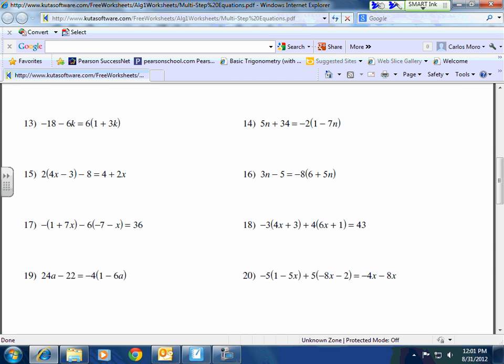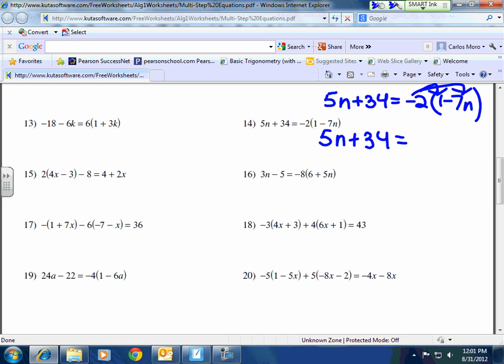Next, I've got now 5n plus 34 equals negative 2 times 1 minus 7n. First step, complete all distributive property. Okay, I got 5n plus 34 equals, distribute that negative 2, so I got negative 2 plus 14n.